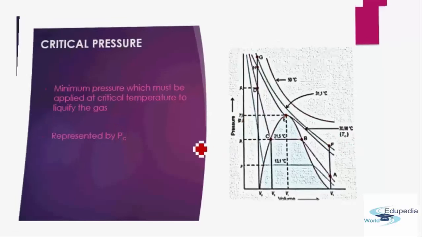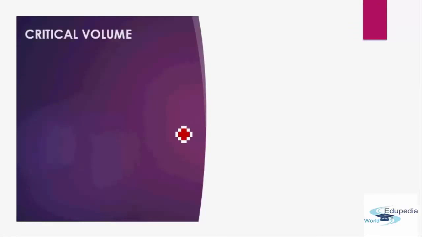Next we should know what critical volume means. So it is very simple. We already know what critical pressure is, and we already know what critical temperature is. So critical volume is simply the volume of 1 mole of gas at Tc and Pc.